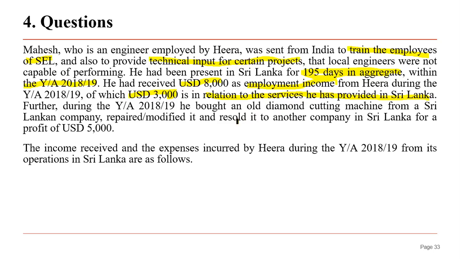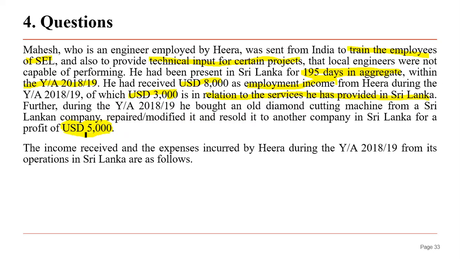Let's read the case. Further, during the year of 1819, he bought an old diamond cutting machine from a Sri Lankan company, repaired and modified it, and resold it to another company in Sri Lanka for a profit of 5,000 USD.